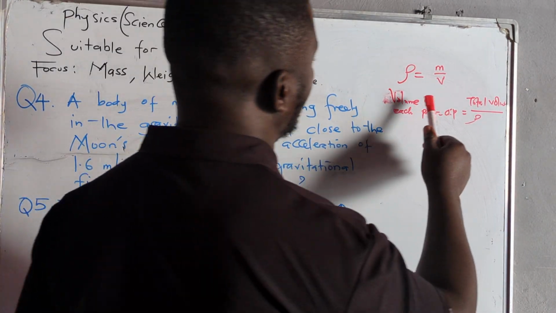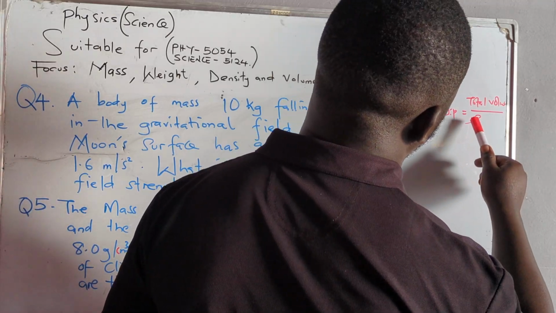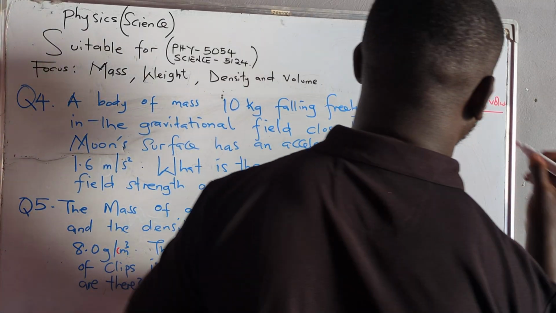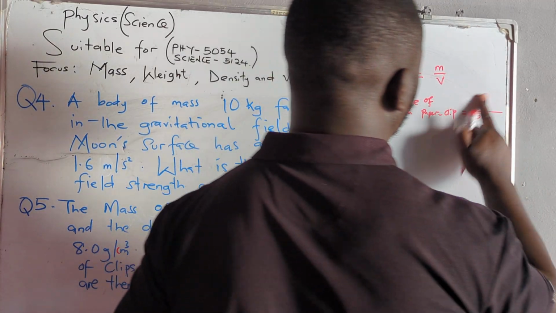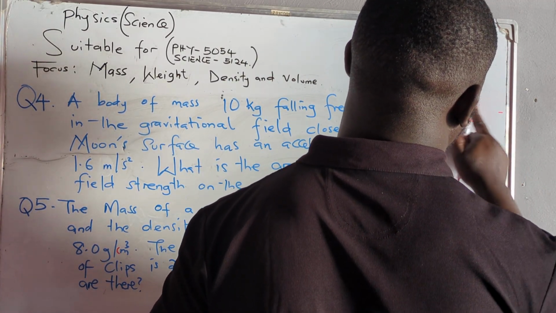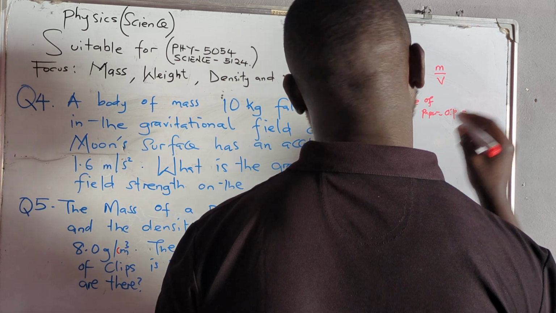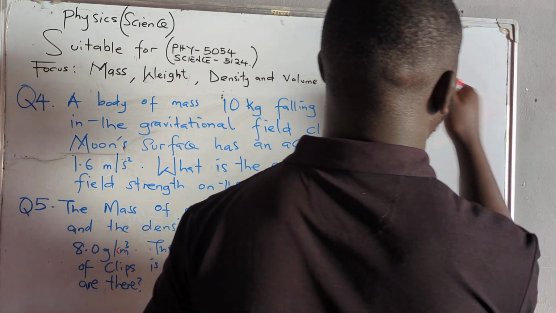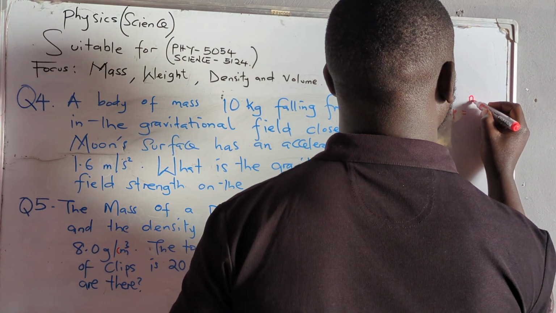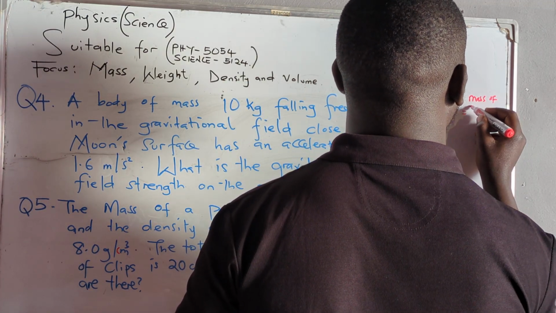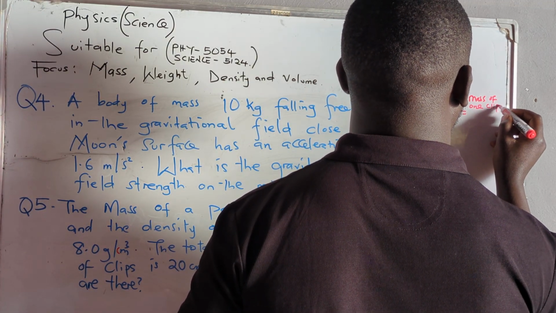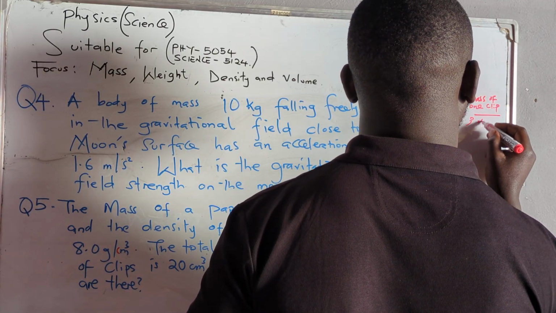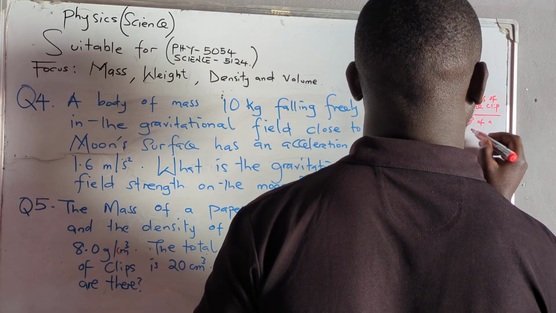Okay, so the volume of each clip is equal to the mass of each clip over density. So the mass of one clip over the density of a paper clip.